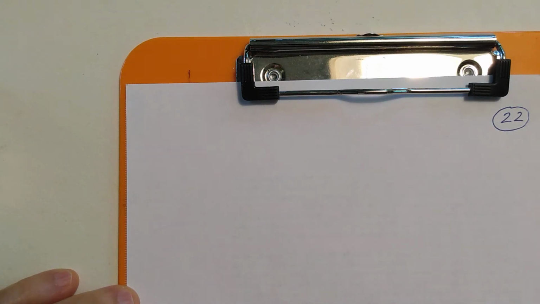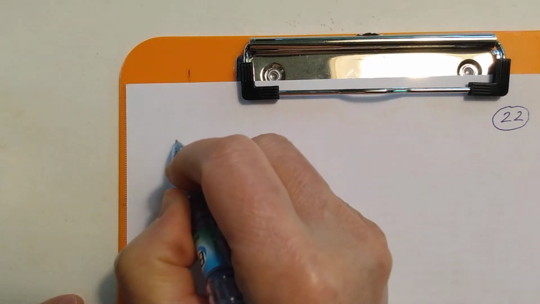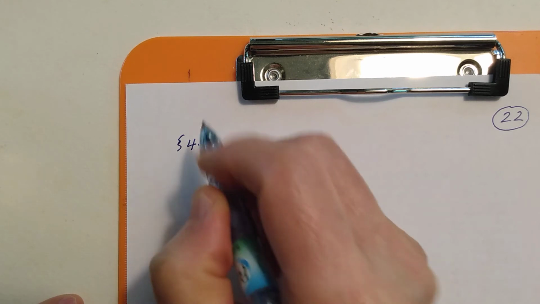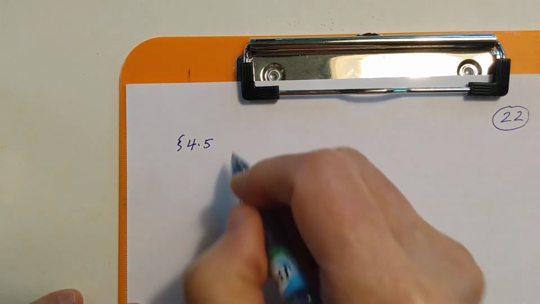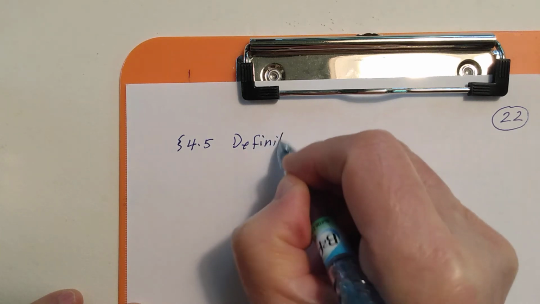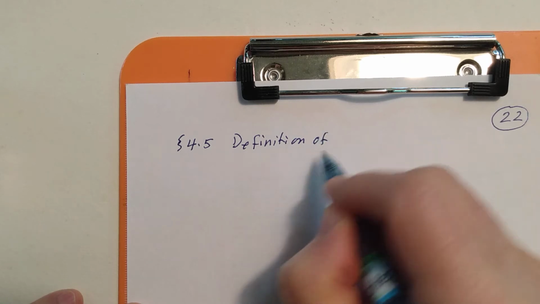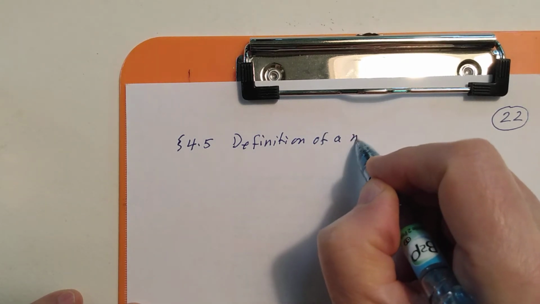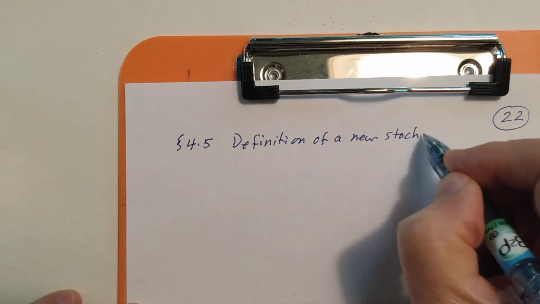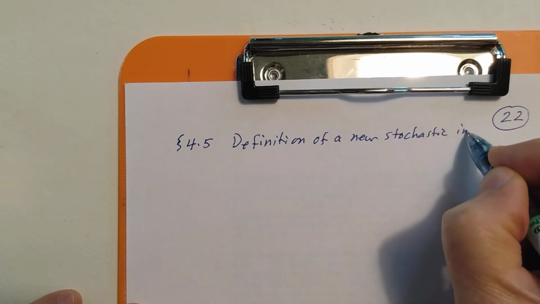Okay, so today we do section 4.5. The definition of a new stochastic integral.